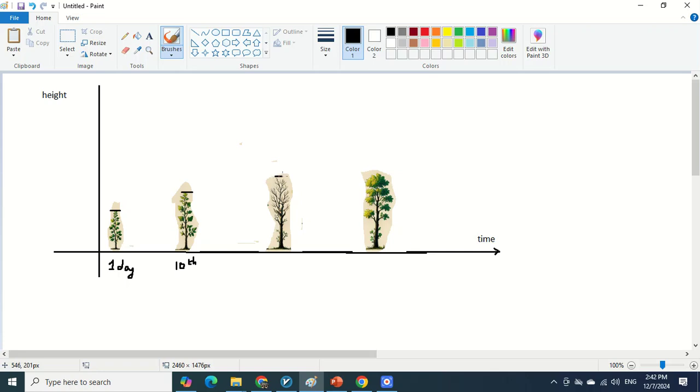For instance, at day 30 we have this height of the tree, and at day 40 we have this height. The y line here determines the height.